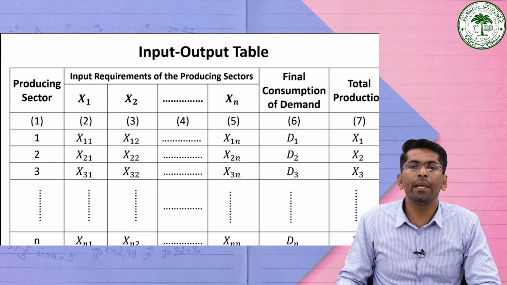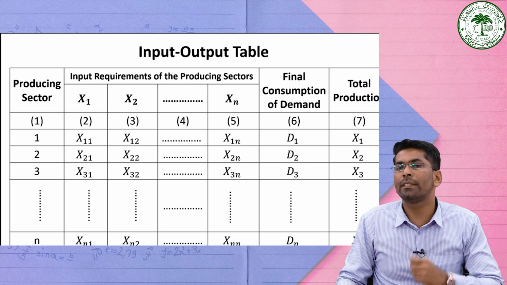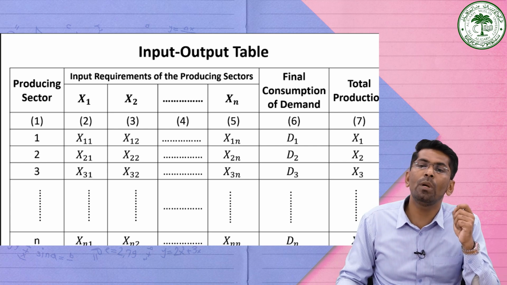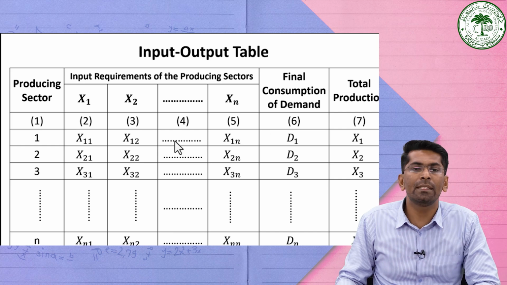Now here I am showing the input output table. The input output analysis is based on the input output table, which consists of several rows and an equal number of columns.